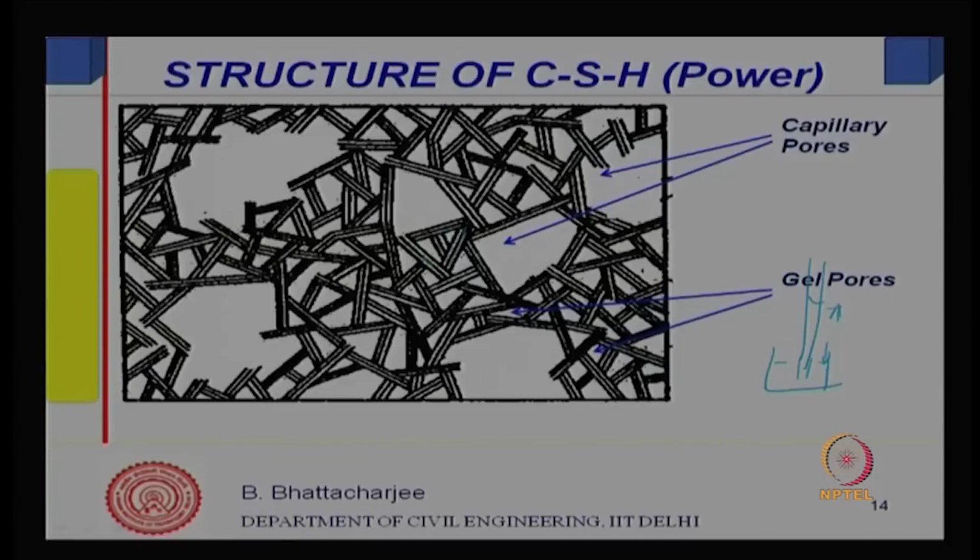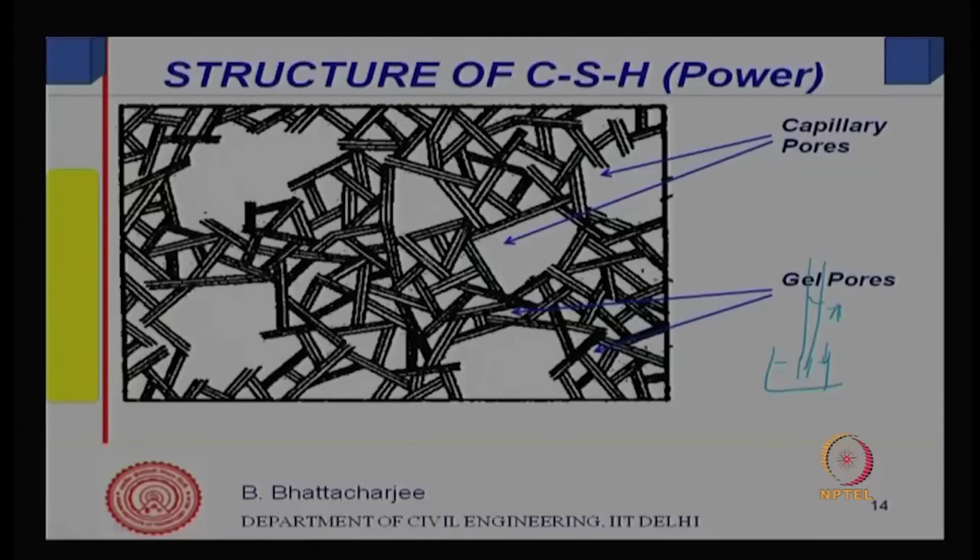Now, larger pores are capillary pores. So, this is how Powers' model looks. We have capillary pores and layers of CSH, and within the layers of CSH, the smaller pores are called gel pores. So, these are the models which represent the hardened paste structures.